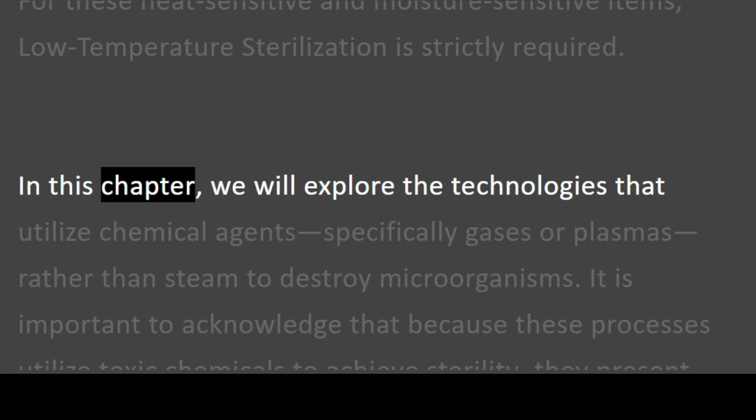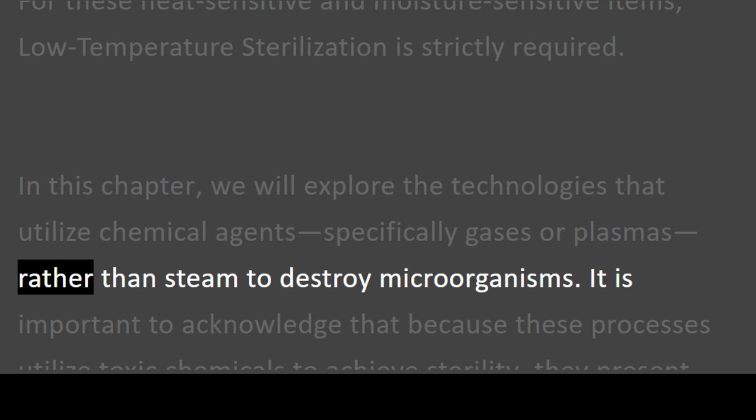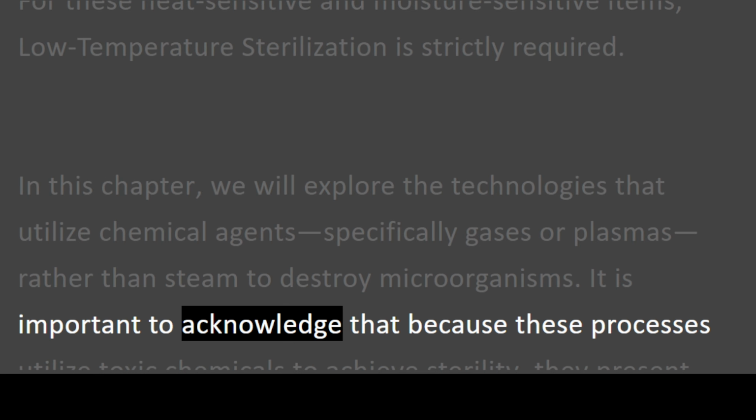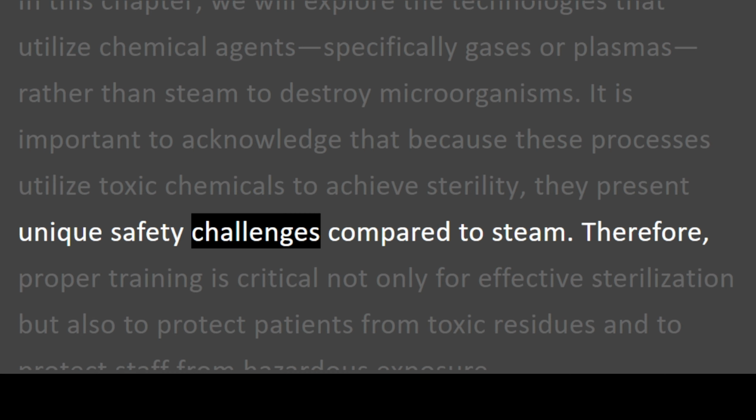In this chapter, we will explore the technologies that utilize chemical agents, specifically gases or plasmas, rather than steam to destroy microorganisms. It is important to acknowledge that because these processes utilize toxic chemicals to achieve sterility, they present unique safety challenges compared to steam.